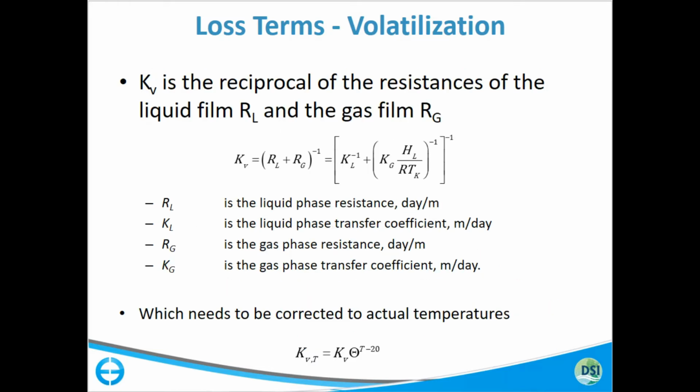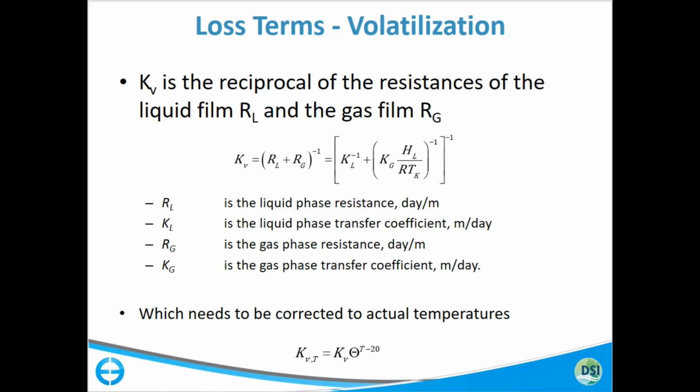So the approach that you have to do is a stepwise approach. First, we have to determine what this kV is, and this kV is a function of the inverse of the resistance at the liquid. This is using, I forgot the actual reference name, a two-layer film theory for calculating volatilization. That's what's used here. And so we have two films that have a certain resistance to mass transfer across that film. One is the film on the liquid phase, and there's a resistance term there.